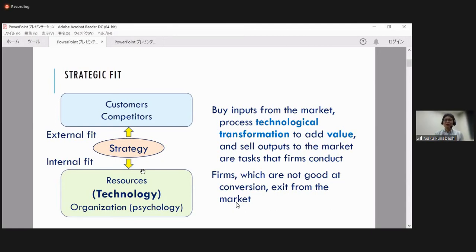For example, in the case of a bank, what is the input? Those from the bank, what is the input? Save money. Yes, exactly. The input for the banking sector is money. Then what is the output? Output of the banking sector. What is that? Service.